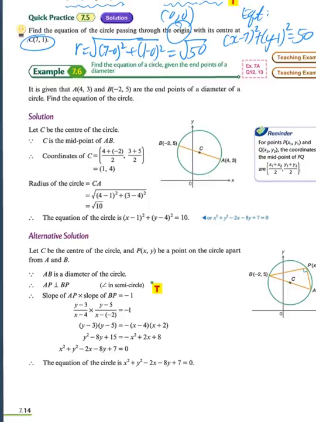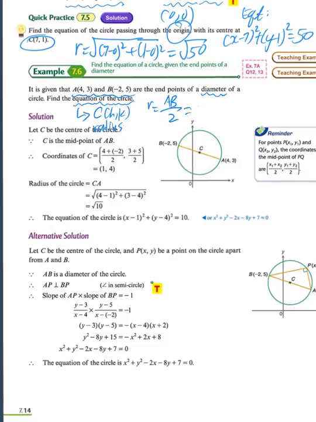Let's see example 7.6. Remember, if the question asks you to find the equation of a circle, what you need to do is to find out the center and the radius. In this question, A and B are the endpoints of the diameter. Then the radius will be the distance of AB over 2.